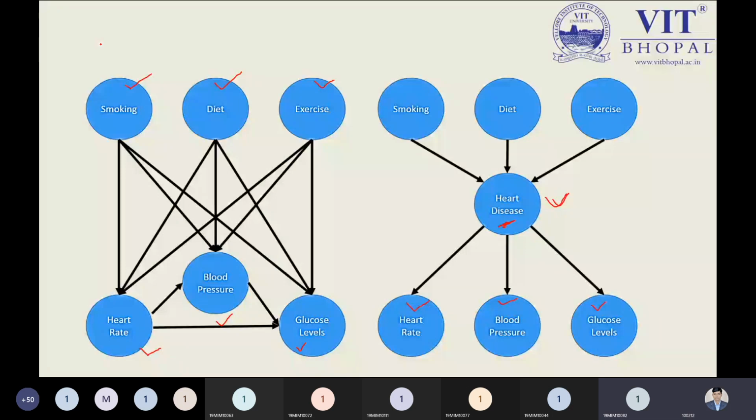Can anyone tell me what is the difference you are observing? What is the biggest difference you are observing?